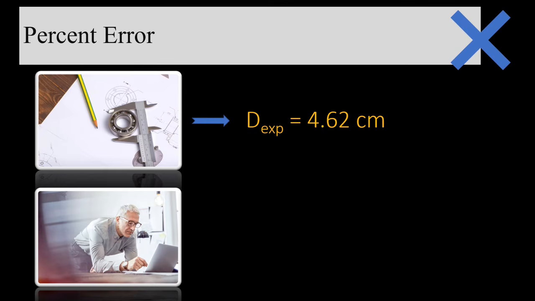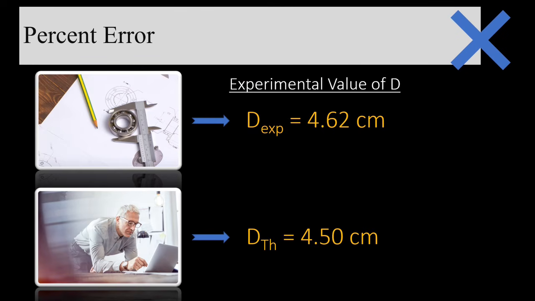And you've got the answer. The experimental value equals 4.62 centimeters. So this value is called the experimental value of D. Okay, the experimental value of the diameter.